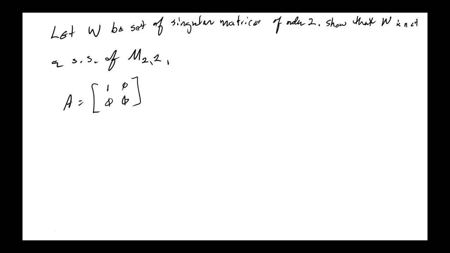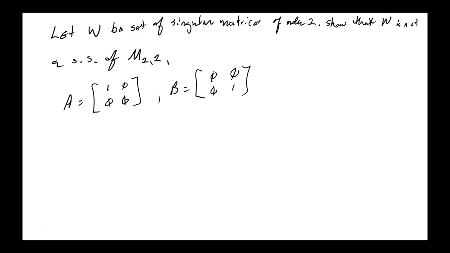Okay. Now, let's say B is also a singular matrix. This time they put the row of zeros at the top and the other row at the bottom. Now, what happens if you add those two together? You get the identity matrix. So there you've got it.